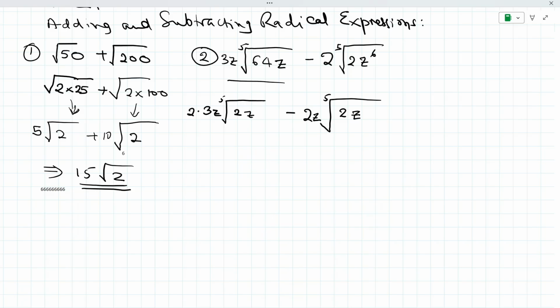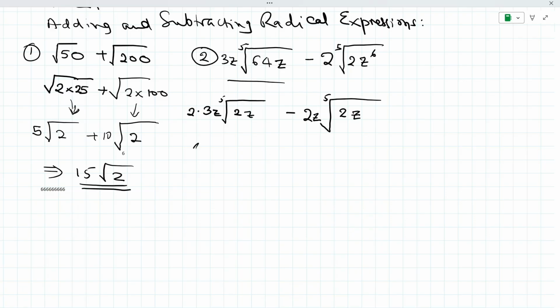So here we now have a similar expression to what we had in the first example. We have 2 times 3z multiplied by the fifth root of 2z.